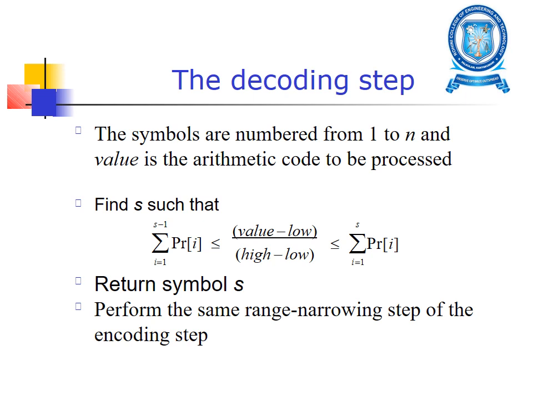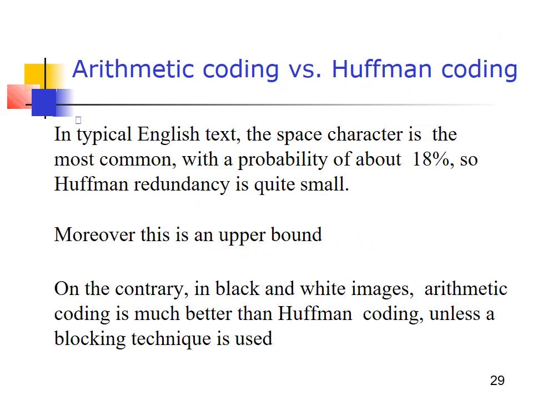For finding s, we have a particular formula: summation of I equal to 1 to s minus 1 of Pr(I) is less than or equal to (value minus low) divided by (high minus low), which is less than or equal to summation of I equal to 1 to s of Pr(I). Now we return the symbol s. We have to perform the same range narrowing step of the encoding step. So this is how it is done.